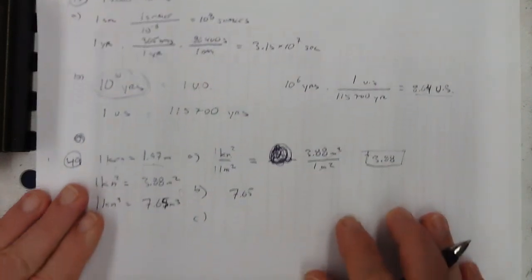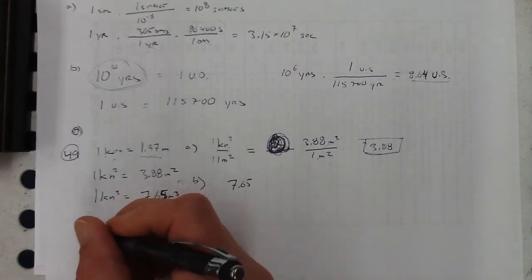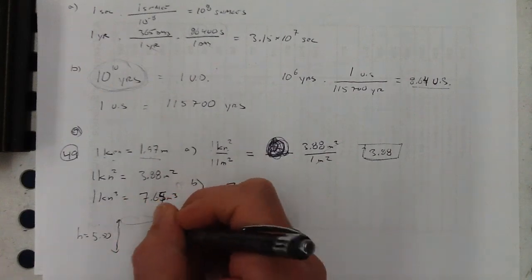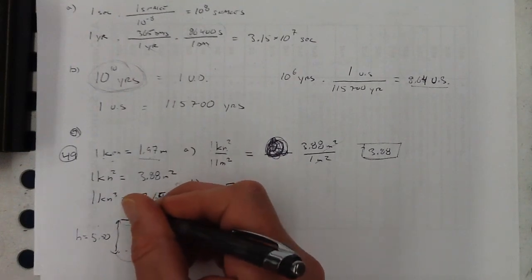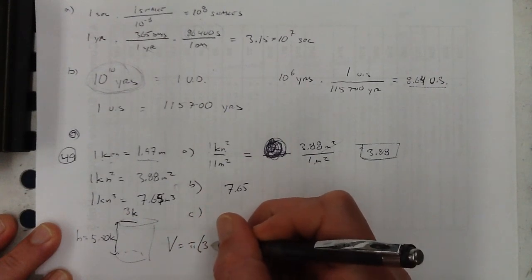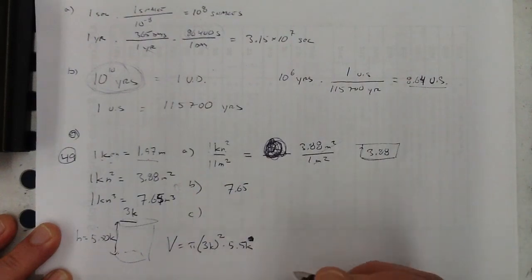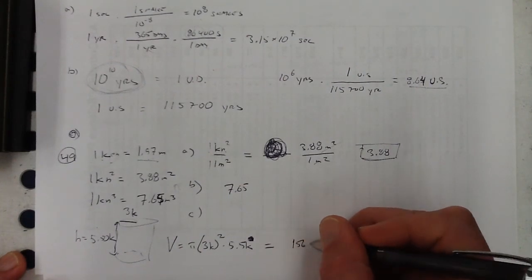And then part C, let's see, we've got the volume of a cylindrical water tank that has a height of 5.50 kens and a radius of 3 kens. Okay, so the volume of this thing in cubic kens is pi r squared h, and that is going to be pi r squared h. So the volume of this thing is about 156 cubic kens.